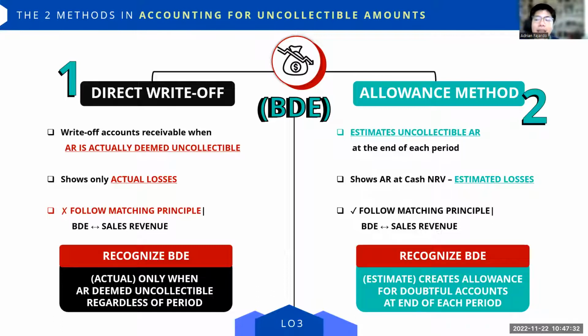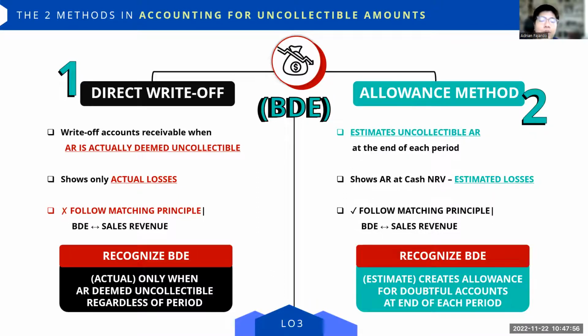So it creates an allowance for doubtful accounts at the end of each period. So again, direct write-off, you only recognize BDE during actual losses. And on the other hand, for allowance method, you create an allowance. So you recognize BDE upon estimates.